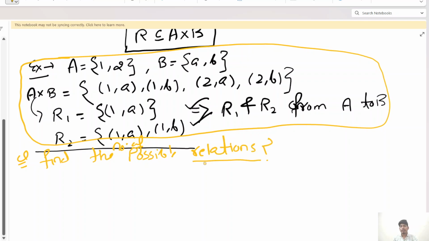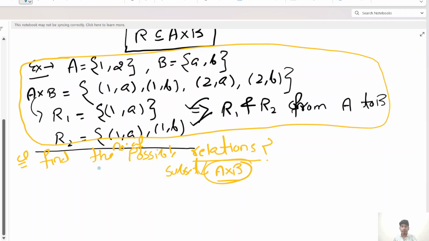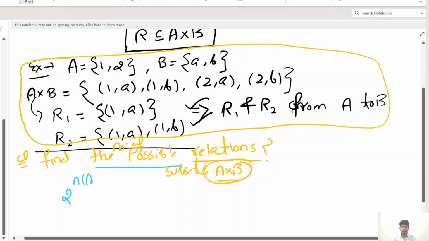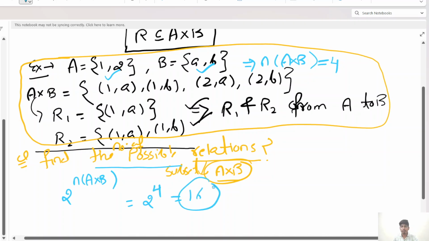We know a relation is a subset of A cross B. It means we have to find the number of possible subsets of A cross B, that is 2 to the power the number of elements in A cross B. Here 2 and 2, so the number of elements in A cross B is 2 into 2, that is 4. So here 16. There are 16 possible relations from A to B.